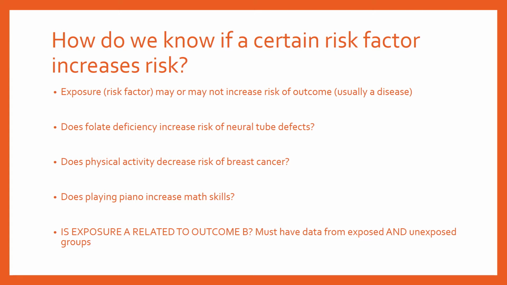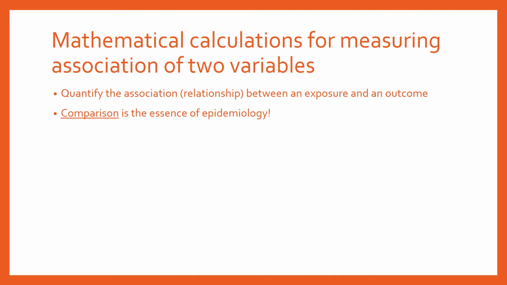So if your exposure is folate deficiency, we have to know something about a group that has folate deficiency, and we have to compare it to a group that is not folate deficient. Or in the second example, if we want to know about physical activity and breast cancer, we have to have data from a group that's physically active and a group that's not. We have to be able to compare.